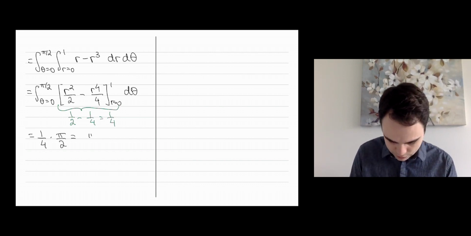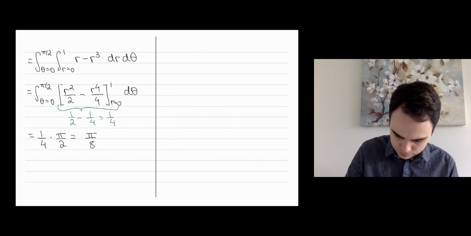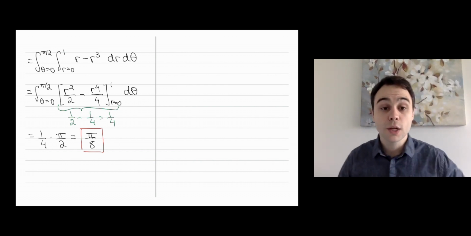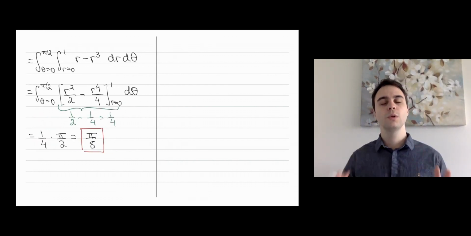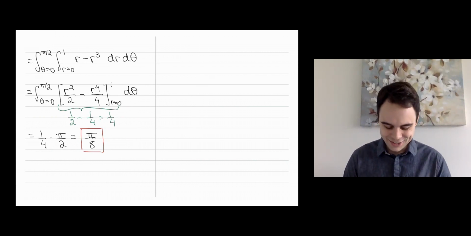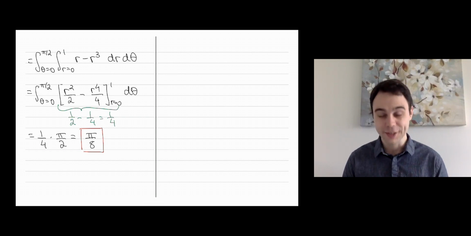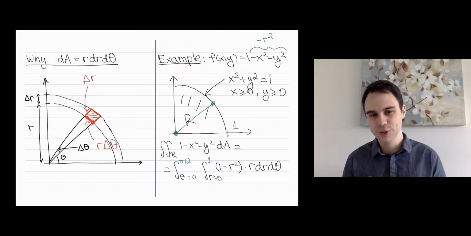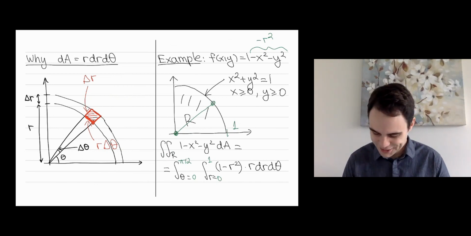So the final answer for that integral is pi over 8. Let's stop and be happy that we're done with the integral, and we got a nice number that looks right. There is a pi in there, but there's also a circle. There we have an explanation for it.